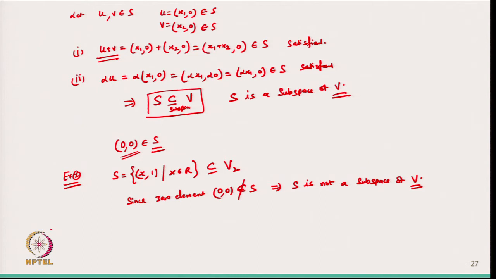Similarly, I can define many other subspaces. Let me take another example. In this example I take V3 over the field F with usual addition and scalar multiplication. I know that this is a vector space.